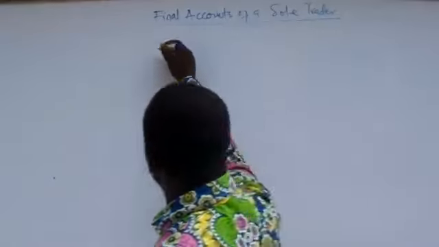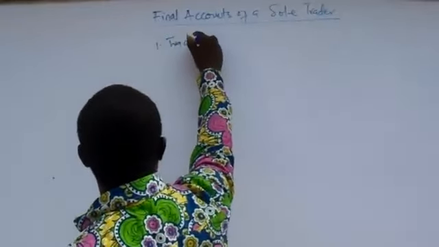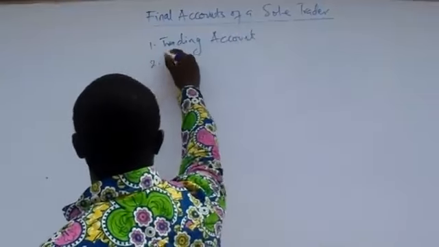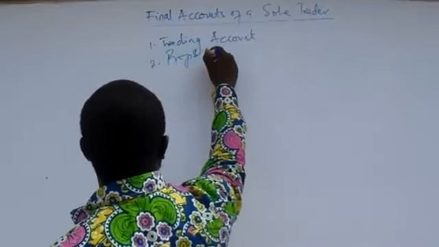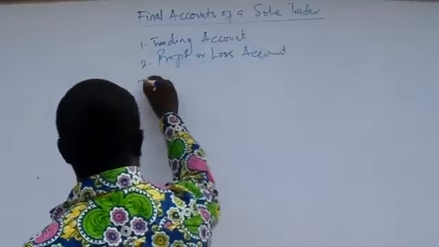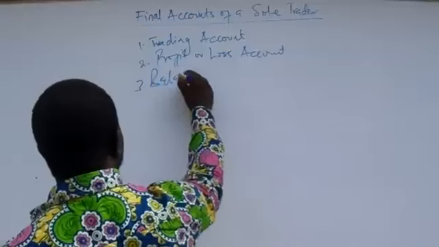And so we used to know of the trading account, the profit or loss account, and then the balance sheet.